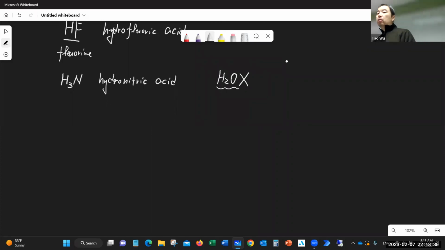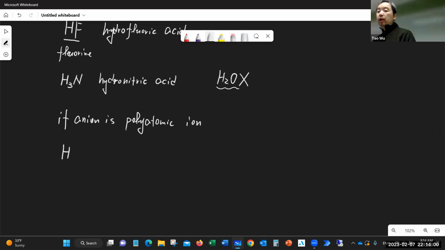All right, so next part. If the anion is a polyatomic ion, then giving its name is pretty straightforward. You just need to know what kind of anion it is.